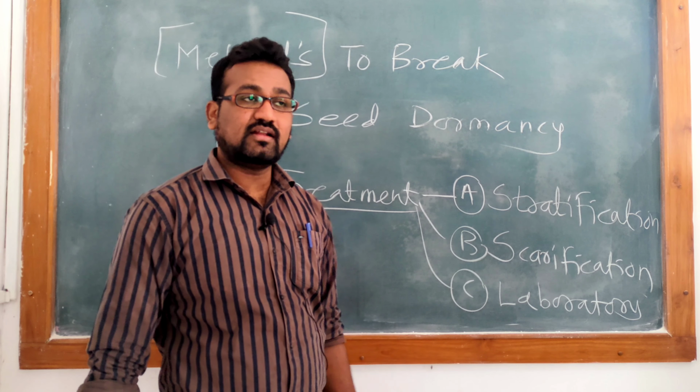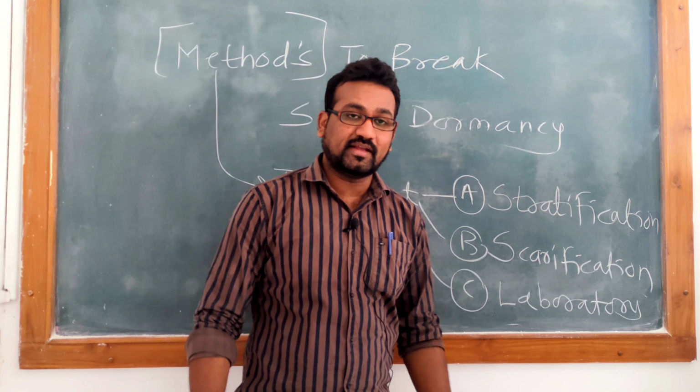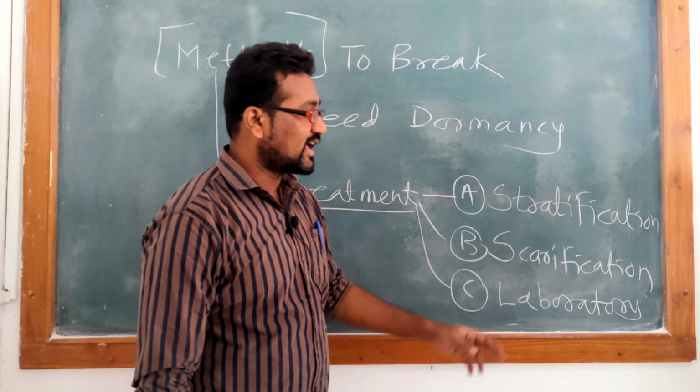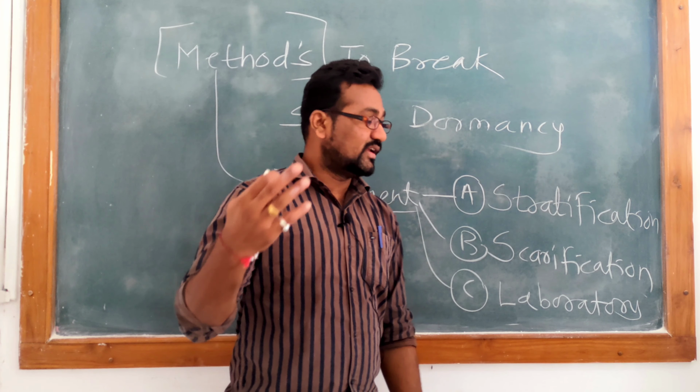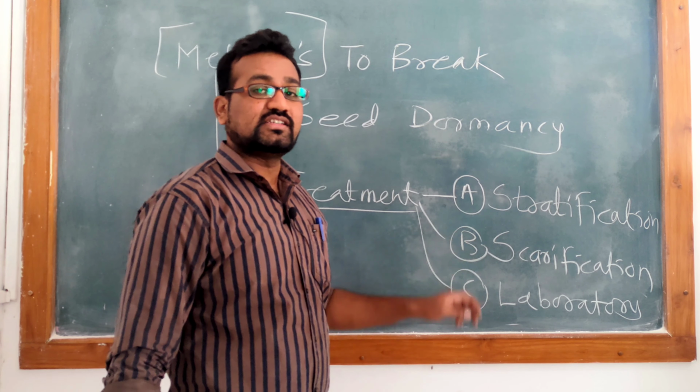In this laboratory method there will be 7 to 8 different methods. In stratification and scarification there is a difference. We will discuss each and every method one by one. So let's discuss first the stratification method.